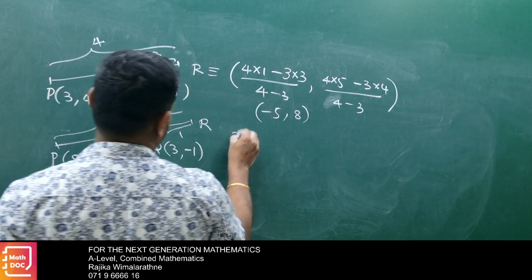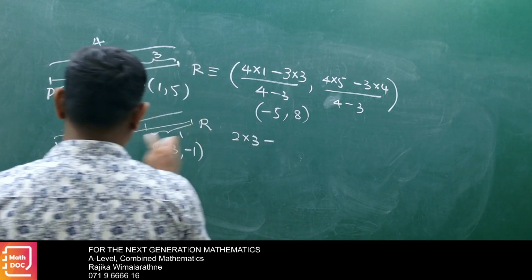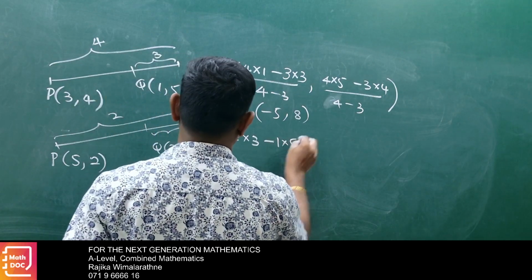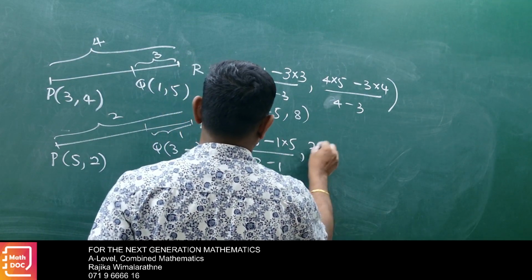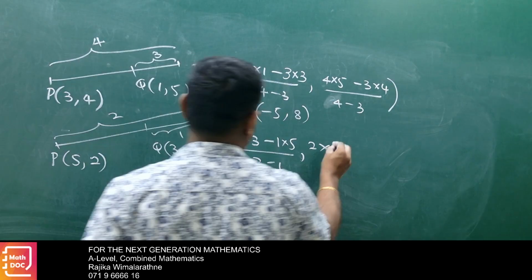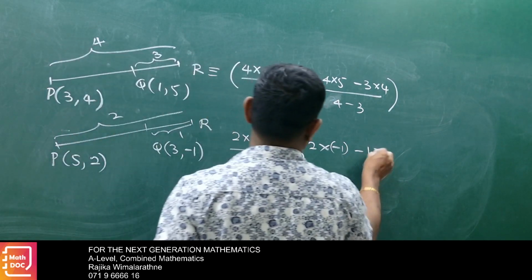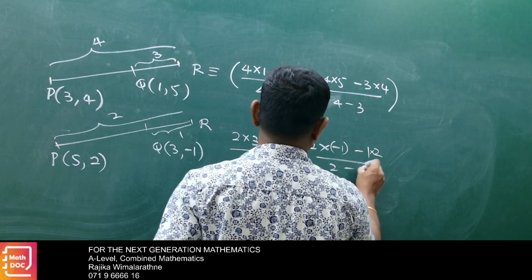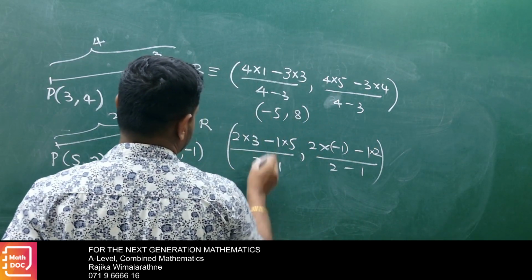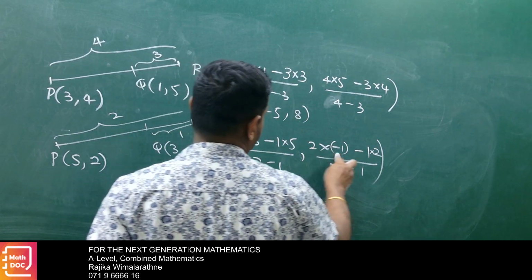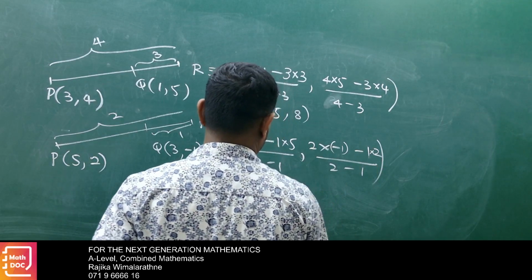Then 2 times 3 minus 1 times 5 over 2 minus 1, 2 times minus 1 minus 1 times 2 over 2 minus 1. 6, 5, 1, minus 2, minus 2, minus 4.